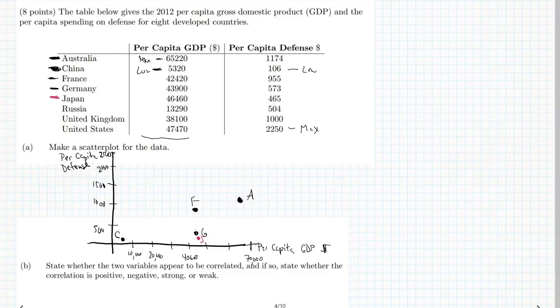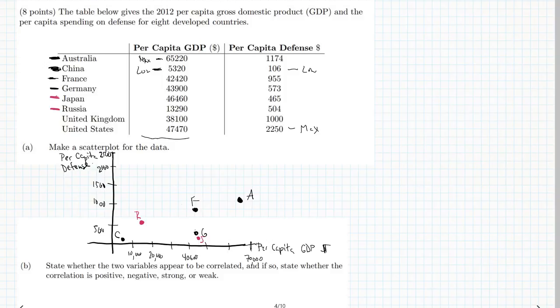Okay, Russia, 13,290 and then 504. So 13,290 and 504. So you're right about there for Russia. The UK, so we have 1,000 and 38,100.